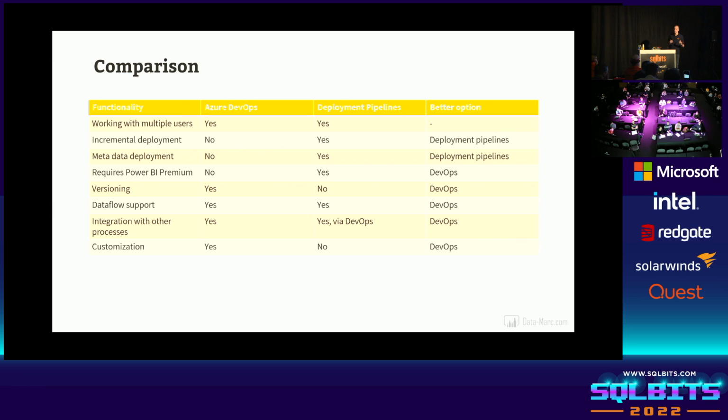And that's basically the main reason is that I can control a little bit more, and things like versioning that is integrated in DevOps, which is not part of the native deployment pipelines. And the same for the pre-deployment approvals, which I think is very powerful to integrate in your end-to-end process. In all cases, it is possible to work with multiple users in the DevOps repository. And in both cases, you can also integrate the data flow deployment with it.